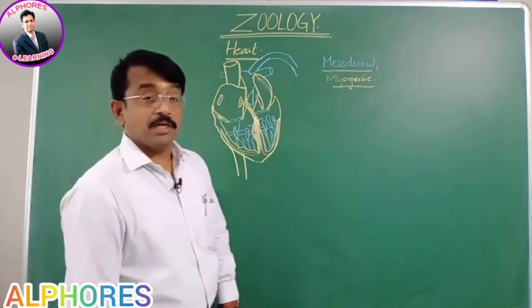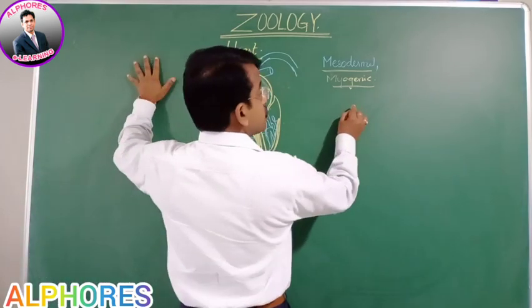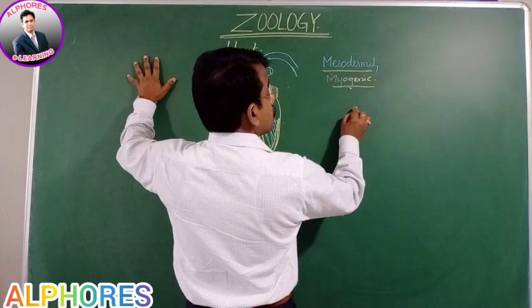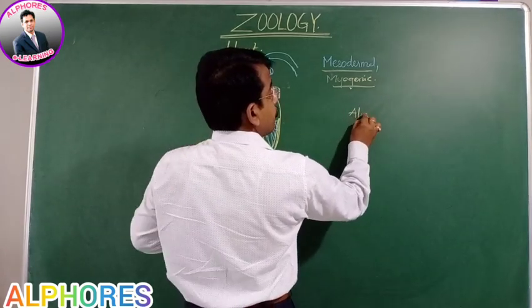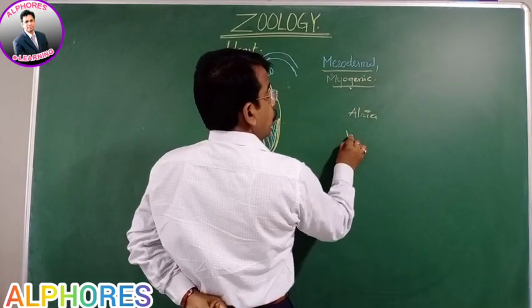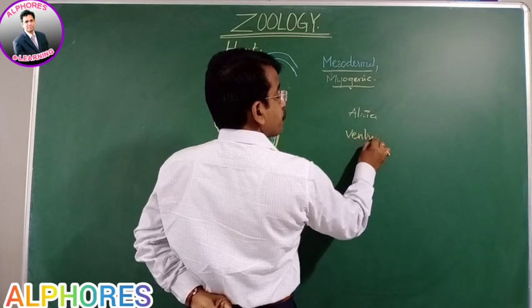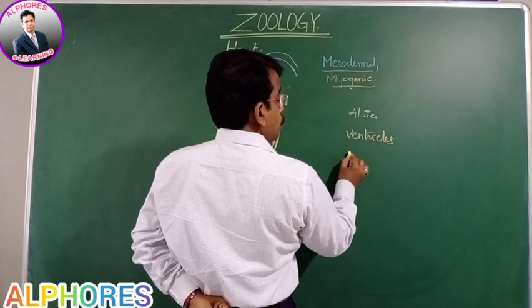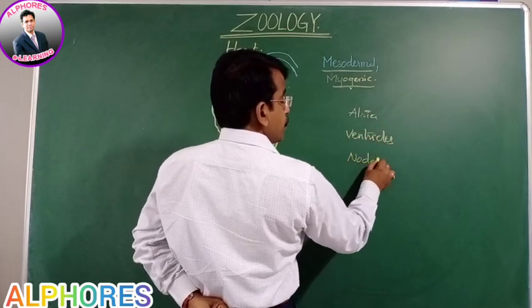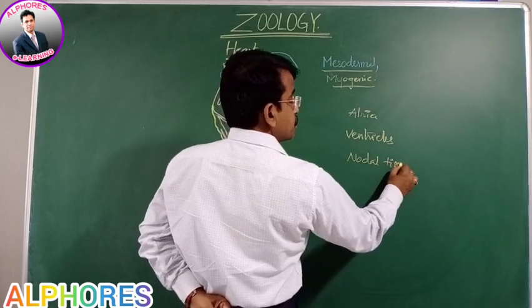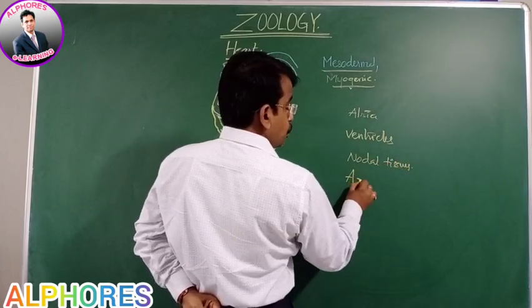The heart has parts, which we'll now discuss: the atria, ventricles, nodal tissues and aortic arches.